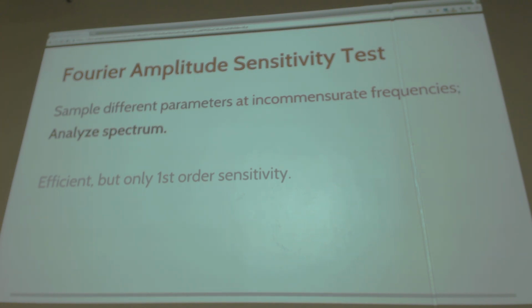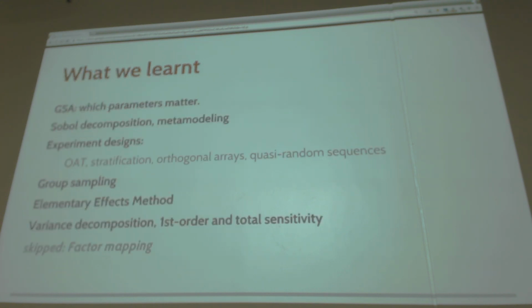Okay, so this concludes the methods, and we're getting to the final part of the talk. So let's talk about what we learned. We learned what global sensitivity analysis is all about. We learned about decomposing models in an additive way into terms attributable to different subsets of the parameters. Then we talked about how to extract a lot of information from a small number of data points.